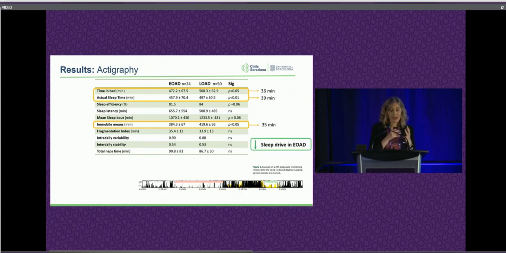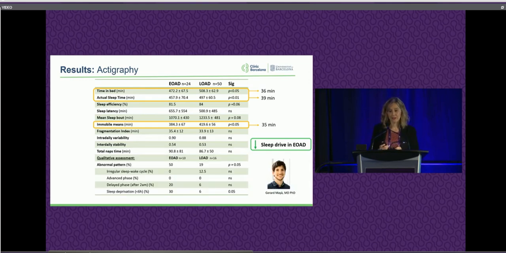Derived from these results, this suggests that there is a decrease in sleep drive in early onset Alzheimer's disease compared to late onset. Although these are preliminary results because we have a lower sample of early onset, we are trying to increase it. But this is, at this point, what this suggests.